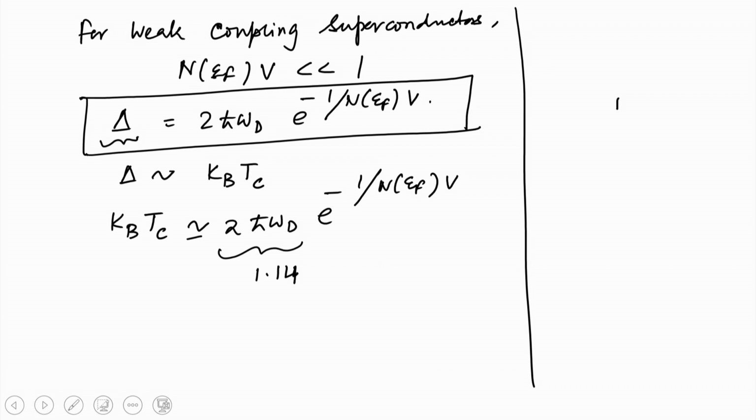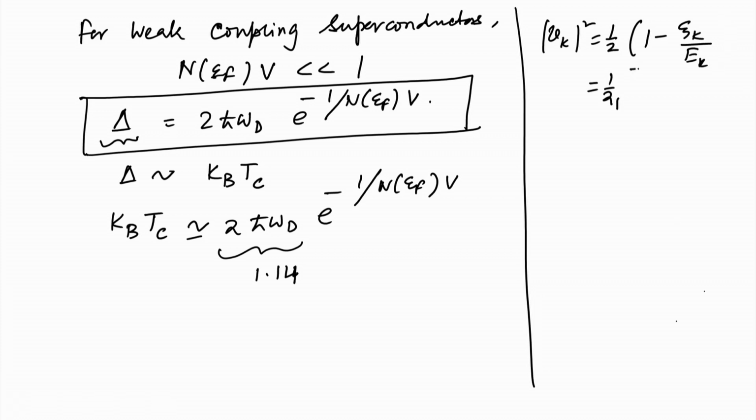Let us give you all these occupation probabilities, or what are also called coherence factors. We have V k square equal to half of 1 minus psi k by E k, which is equal to half of 1 minus psi k divided by root of delta square plus psi k square.